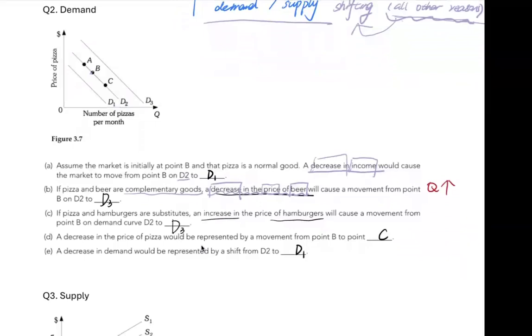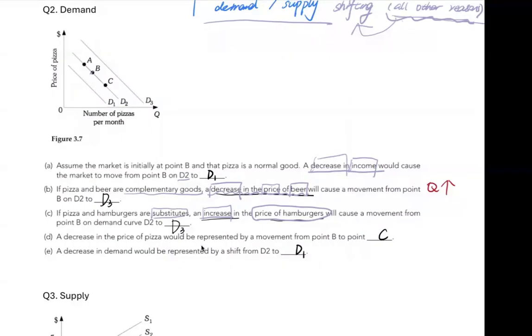And C, if pizza and hamburgers are substitutes, an increase in the price of hamburgers. So also the price of another thing, not itself. So it will cause a shift from D2 to D1 or D3, right? Now they are substitutes, and with an increase in the price of hamburger, suppose you are indifferent between consuming hamburger or pizza, and now the price of hamburger increases, which means maybe you want to buy more pizza, right?